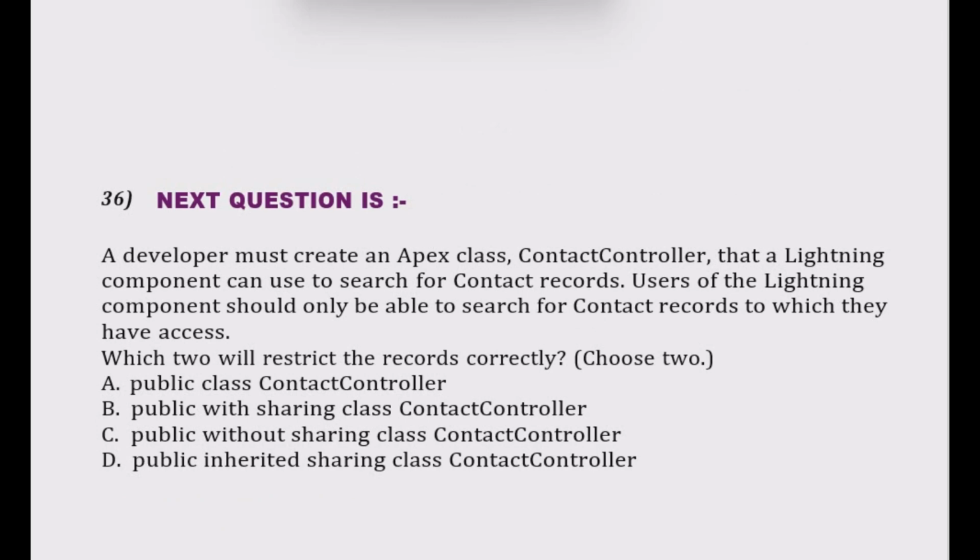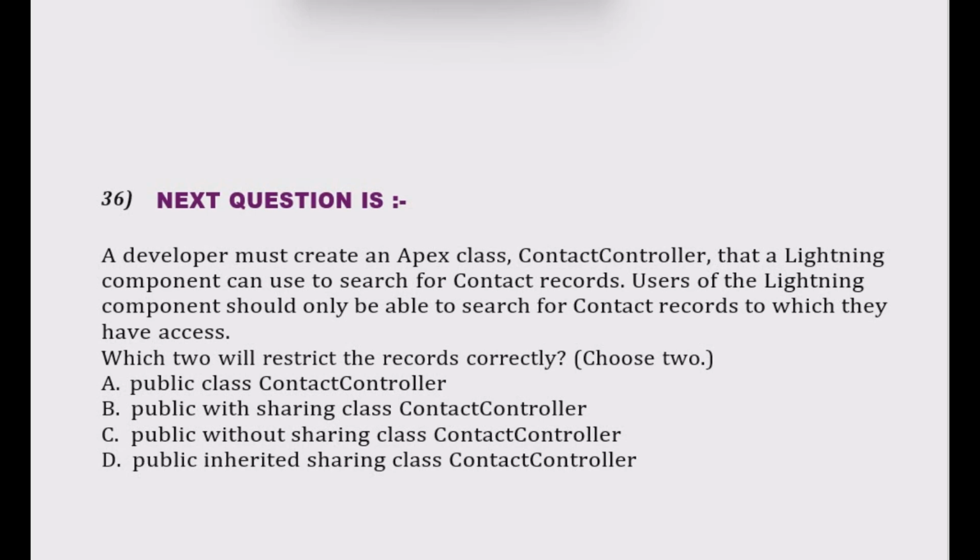Question is, a developer must create an Apex class, ContactController, that a Lightning component can use to search for contact records. Users of the Lightning component should only be able to search for contact records to which they have access. Which two will restrict the records correctly?